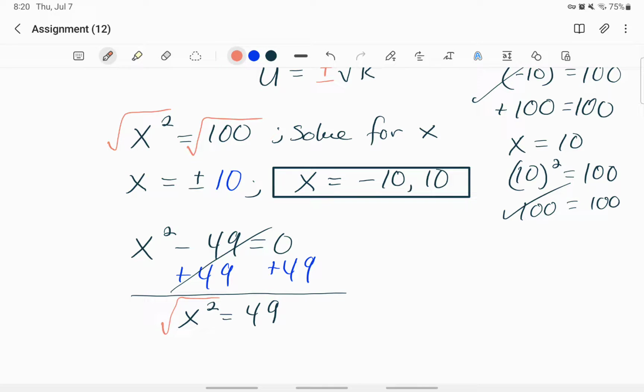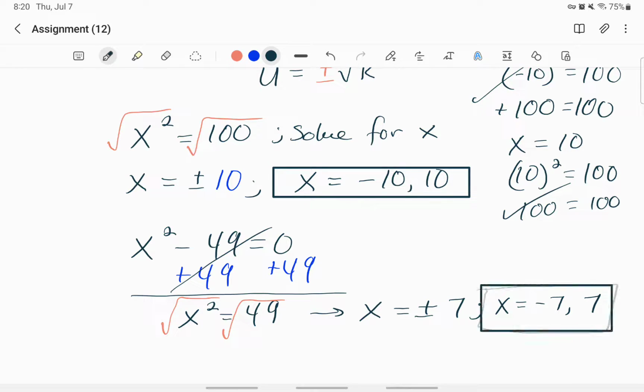Apply the square root to both sides. x is going to equal positive and negative, and the square root of 49 is 7. x equals negative 7. x equals positive 7. But wait, there's more.